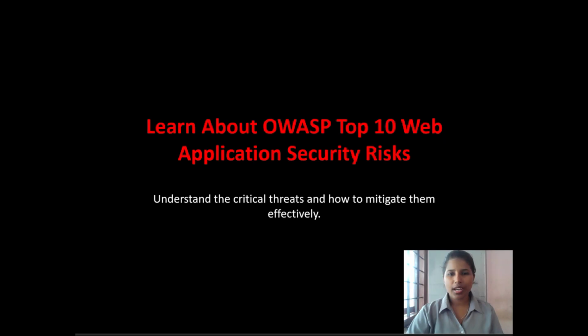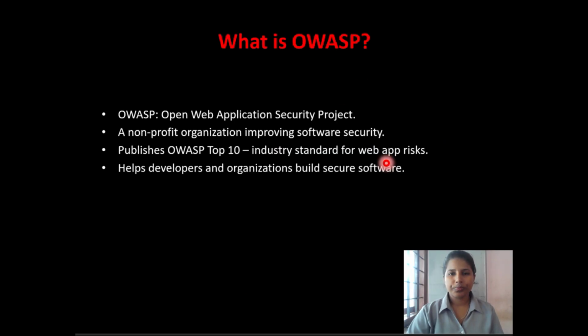So let's learn about the OWASP Top 10 application security risks. At first, we can know what OWASP is. OWASP means Open Web Application Security Project. It is a non-profit organization trying to improve software security. It has published a Top 10 industry standard of web application risks, which helps developers and organizations build secure software.